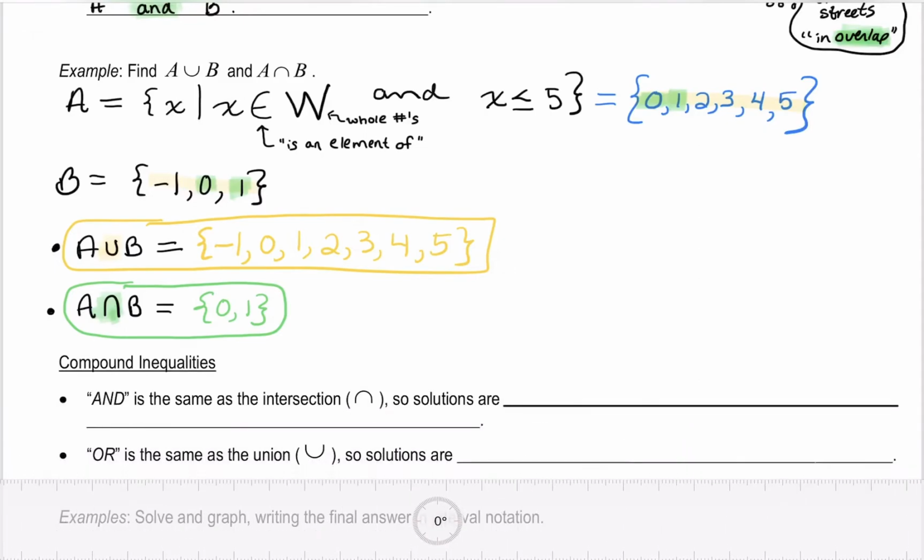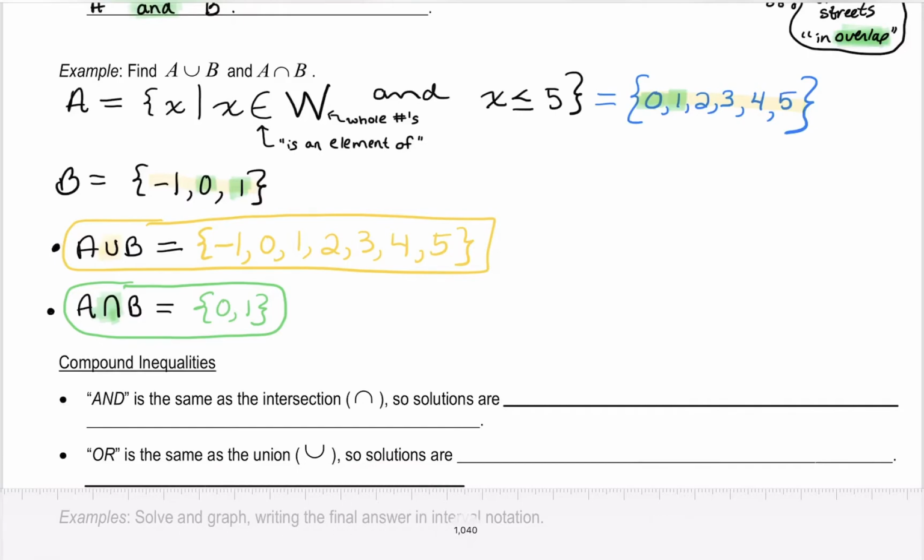We're going to define the "and" and "or," but honestly we've just done that up above. As we get going and see compound inequalities, they are going to use the words "and" and "or" when they write out the problems for us. So when we see "and," going back from up above, "and" is the same thing as the intersection.